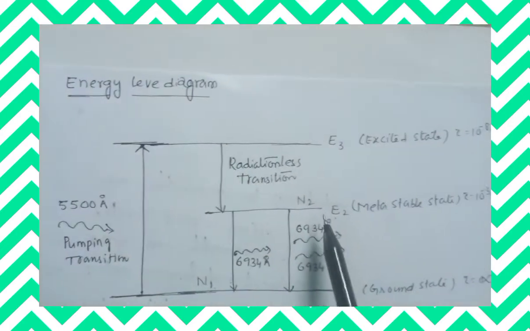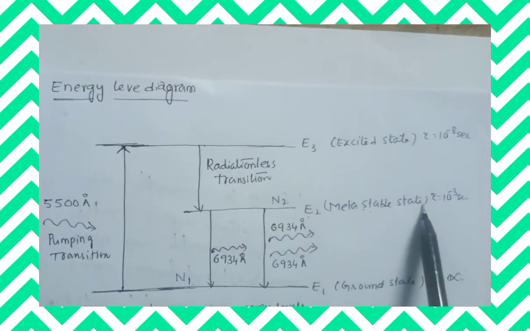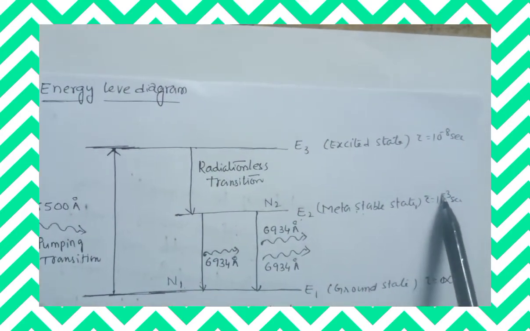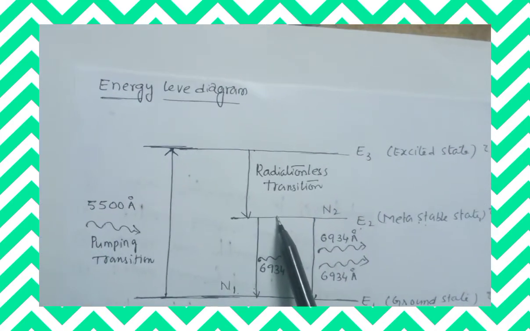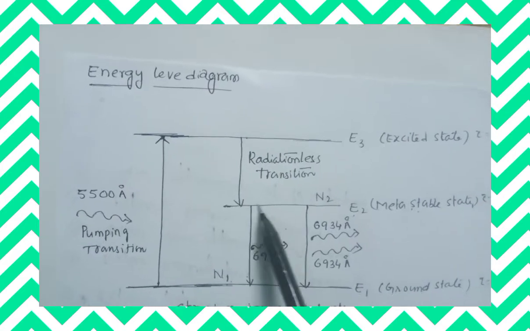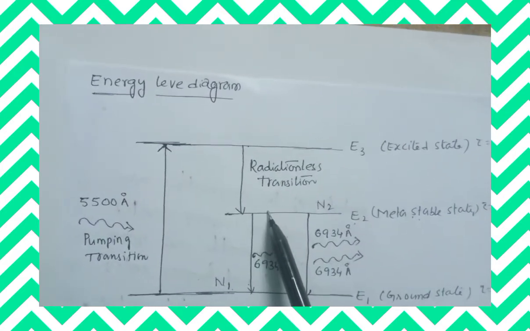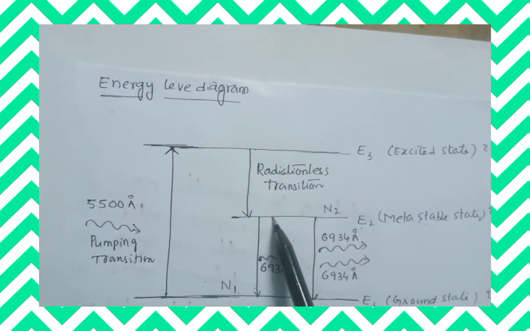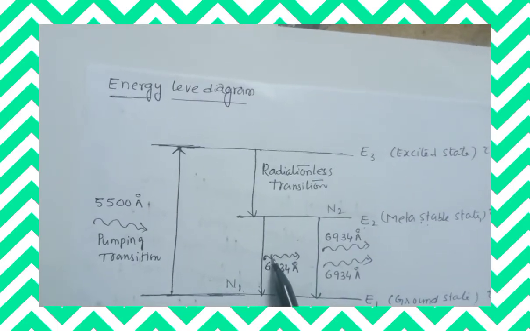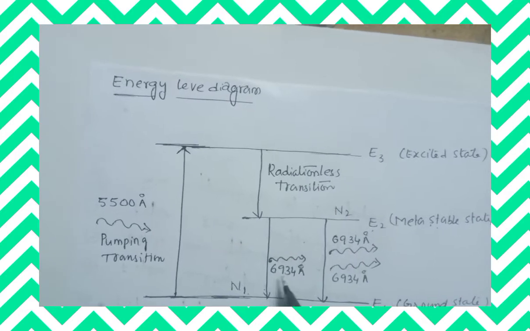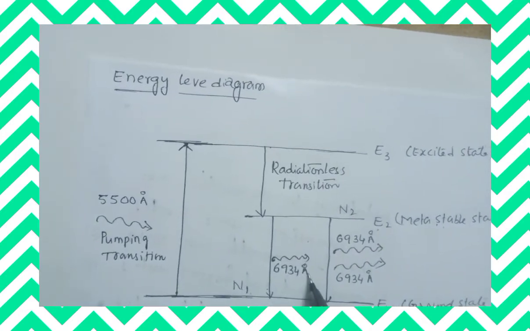The metastable state has a time period of 10 to the power of -3 second. After completion of that time period, the chromium ions from E2 spontaneously jump to the state E1 by emitting a photon of wavelength 6934 angstrom.